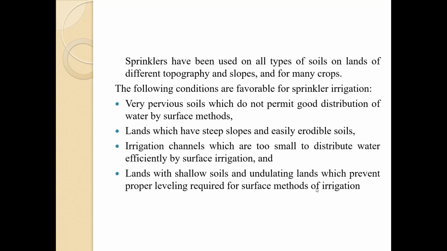Then irrigation channels which are too small to distribute the water efficiently by surface irrigation. And last is the land with shallow soils and undulating land, which prevents the proper leveling required for the surface methods of irrigation.